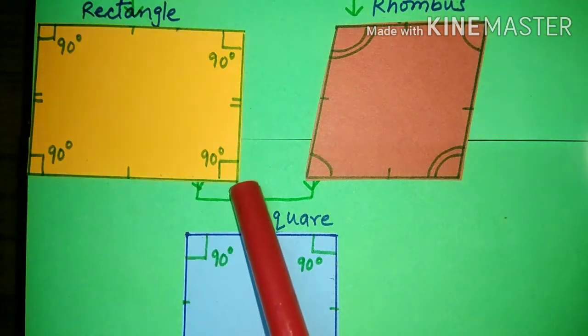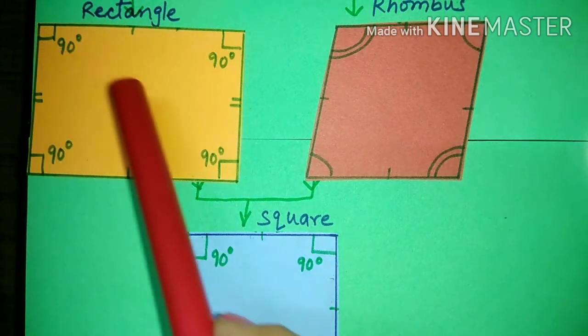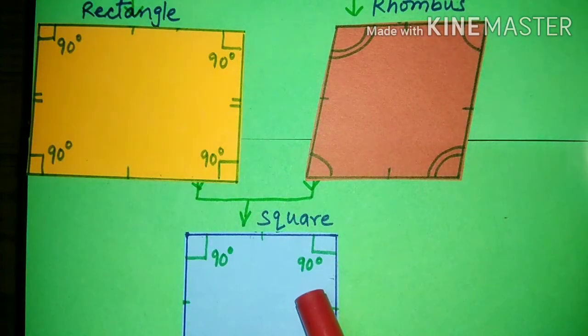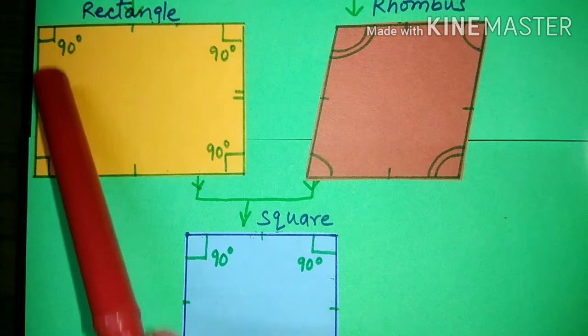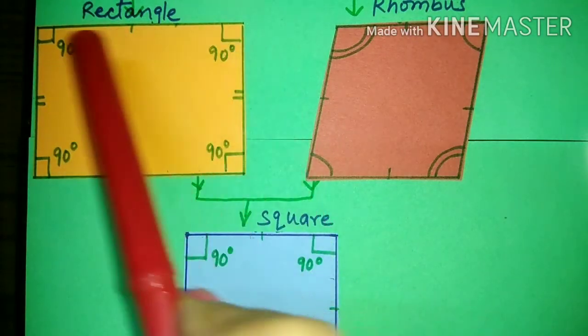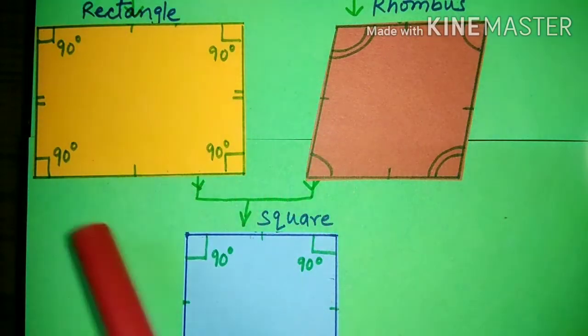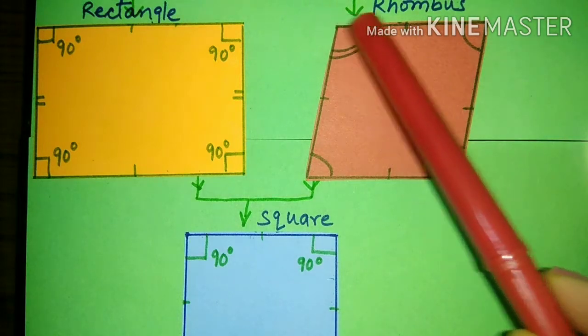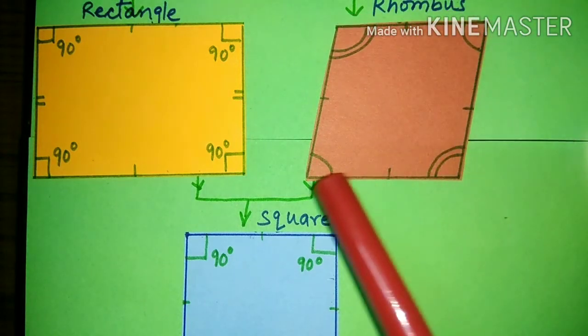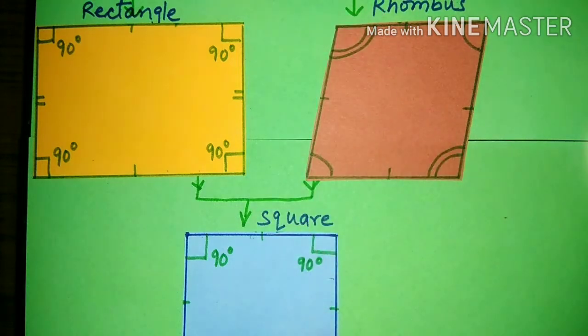If all the sides of a rectangle are equal, then it becomes a square. Just like a rectangle, a square also has all the angles equal and each angle is 90 degree. A square has all the properties of rhombus, but one more extra property that each angle is 90 degree in a square.